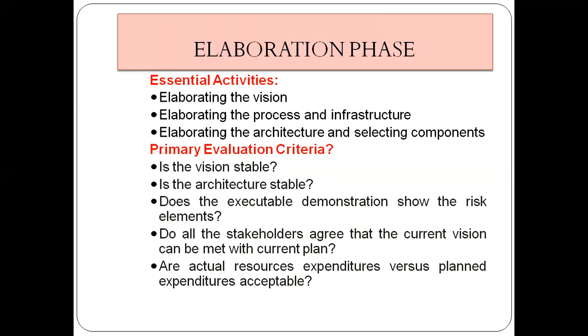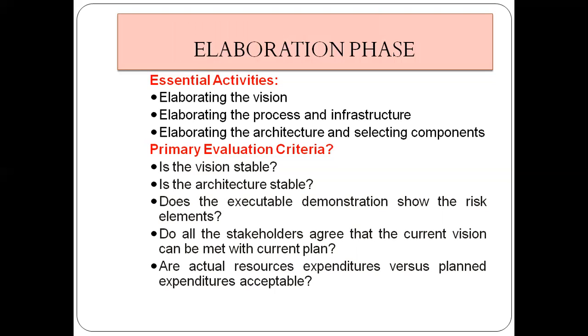Whenever you are doing the elaboration phase, we have to keep an eye on the cost. That cost should involve your construction cost, and it should also involve the schedule. So whenever you are doing your architecture, you have to keep these two in mind: one is the cost and the other is the schedule.